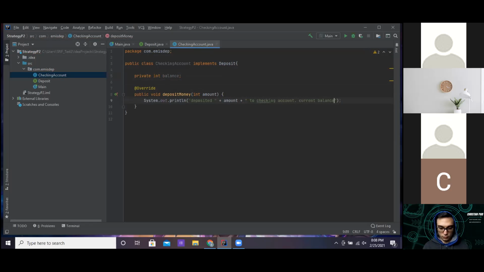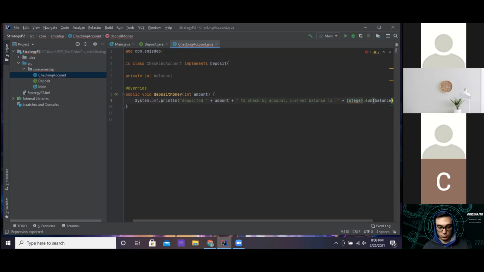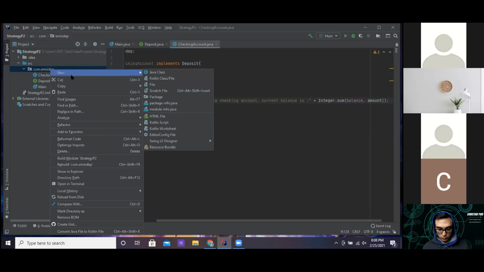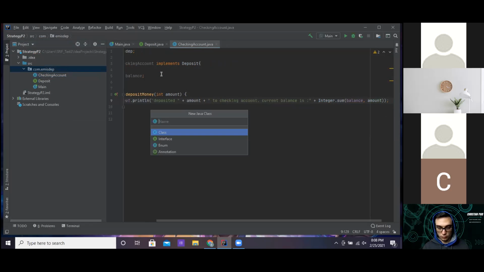Current balance is, can't see my screen. Plus integer dot sum of balance and amount. So now I'm going to make a saving account, which is going to be pretty identical to the checking account.